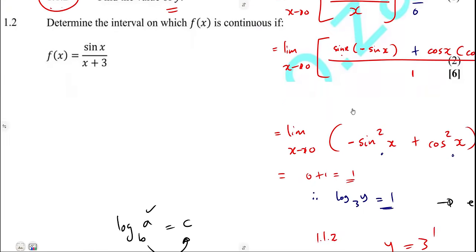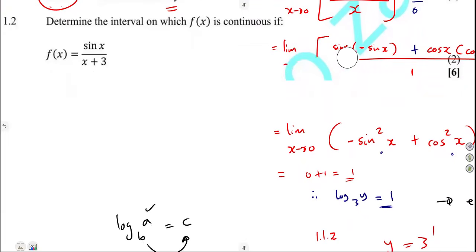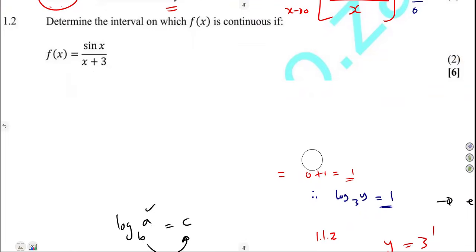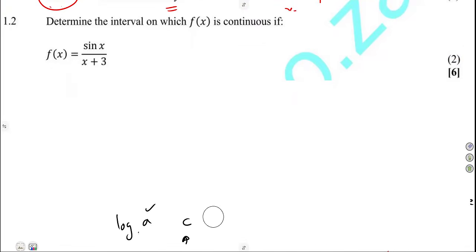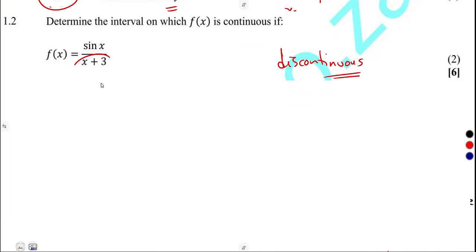Okay, then on 1.2, a condition for which f of x is continuous. They are just trying to play around with us here. We do understand when it is discontinuous: we take the denominator and equate it to 0.